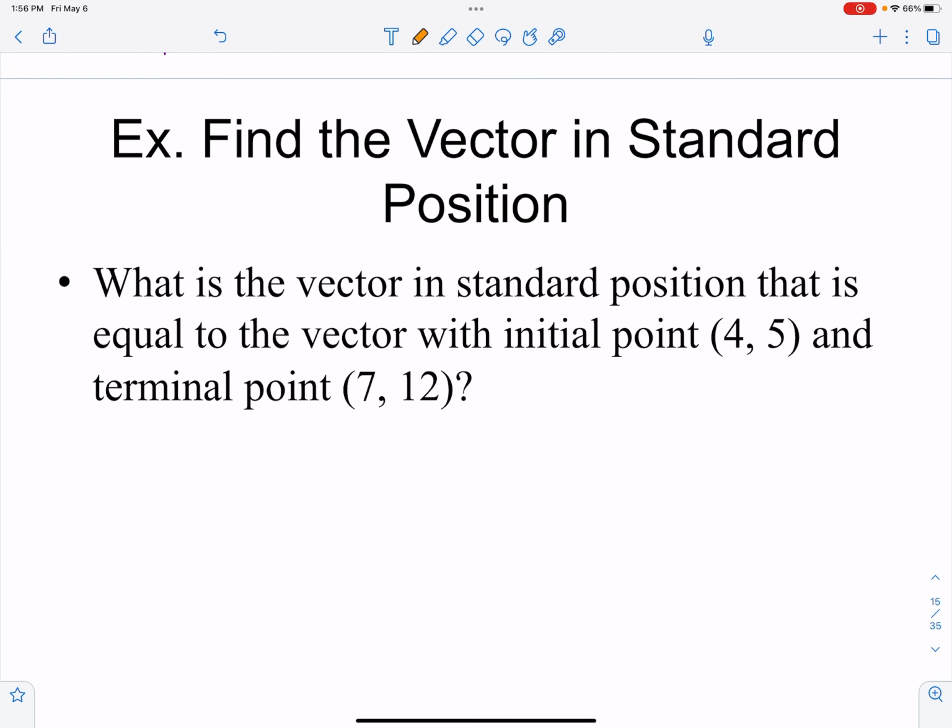Okay, so let's do an example of finding the horizontal and vertical components of a vector that would be in standard position.